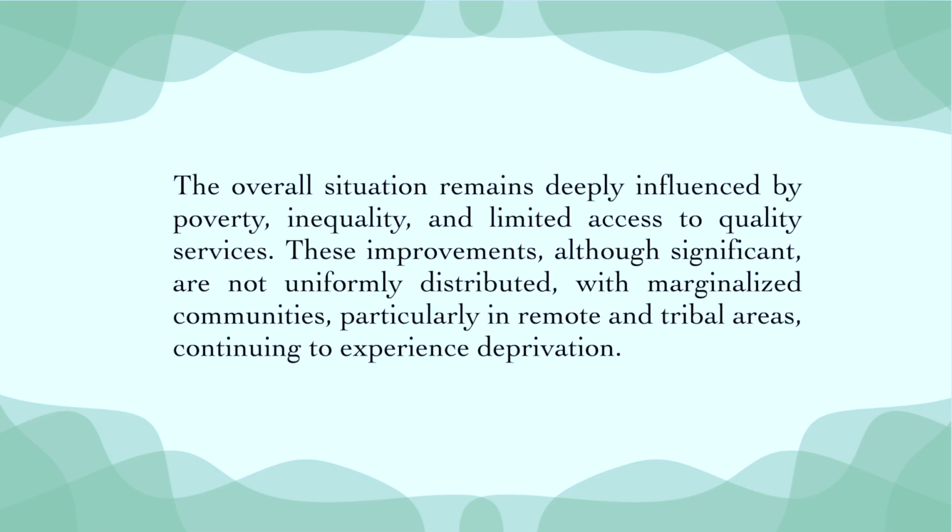Even though there have been a lot of improvements in terms of building healthcare infrastructure, recruiting healthcare staff, and various schemes for providing health benefits and nutritional diet to the rural population, these are not uniformly distributed.